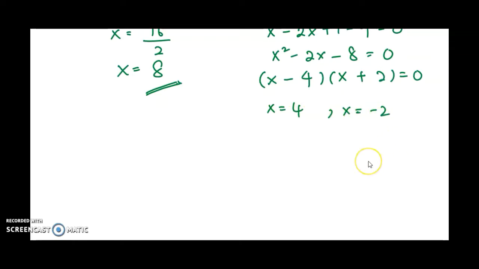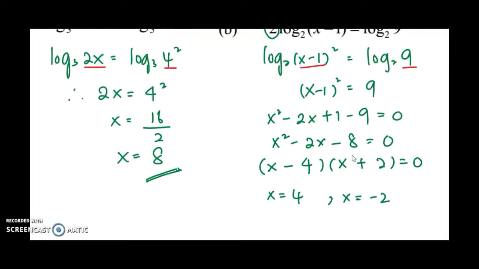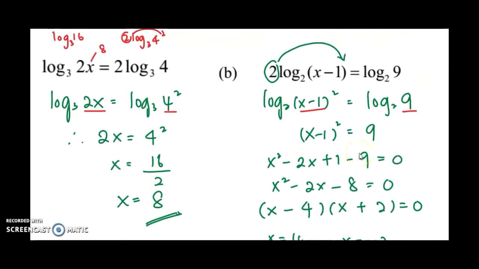And we are not sure whether we're going to accept both as the final answer or just one of them. So we can always substitute the solutions that we got just now back into the original equation. First we check the 4. Substitute 4 here, you will get log 3 to the base of 2, where the coefficient here is 2.